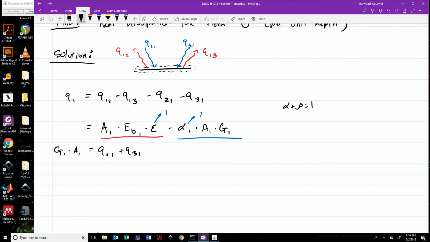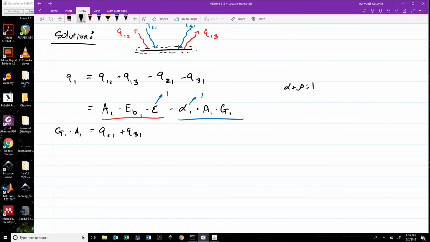That is everything that's composed of these two quantities, Q21 and Q31. We can also write it in terms of this radiation terminology. This would be A2 J2 F21 plus A3 J3 F31.